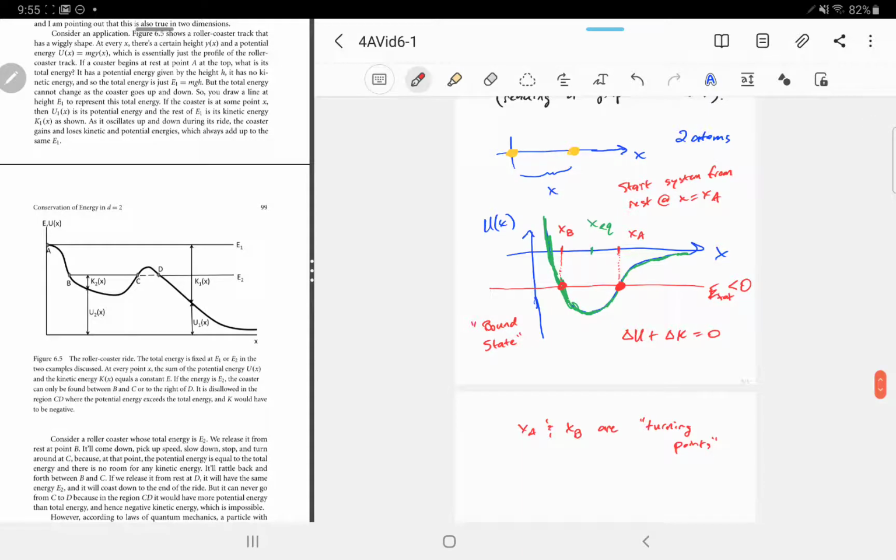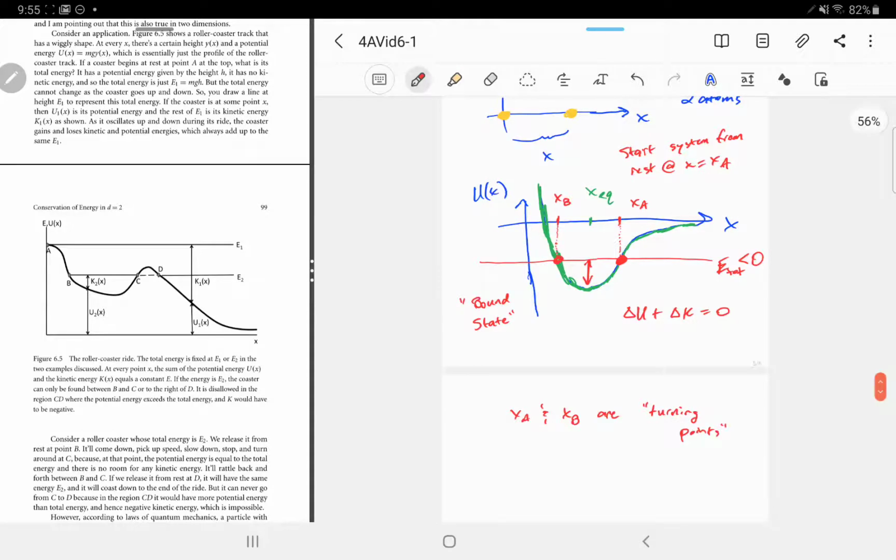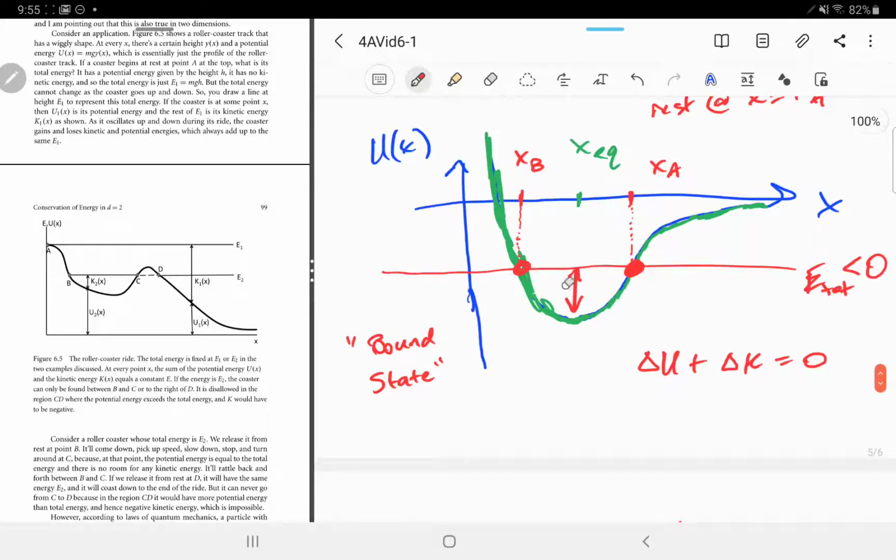The particle can only be between x_B and x_A because it only has enough energy to go between them. The maximum kinetic energy of the particle occurs when it is at the equilibrium position. That's the biggest amount of kinetic energy because it's the lowest potential energy. If we had specific numbers, we could find out what that maximum kinetic energy is.